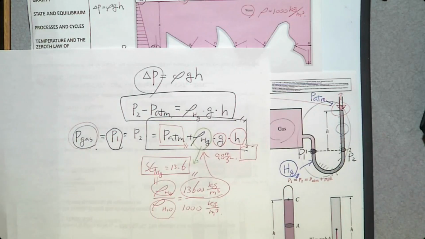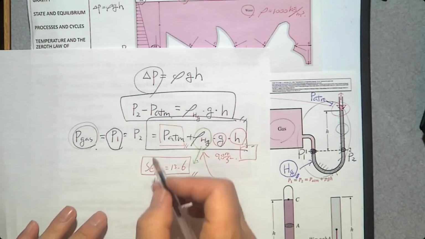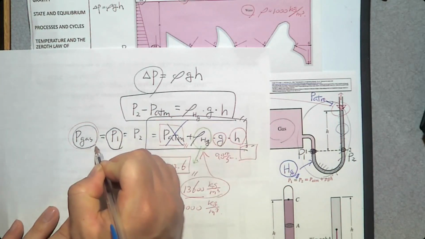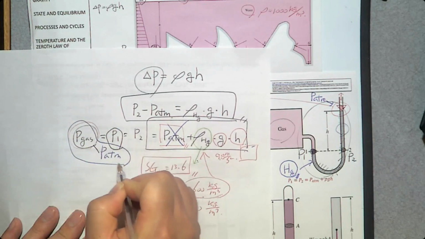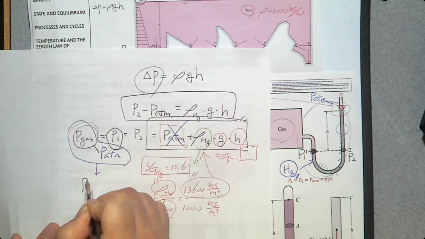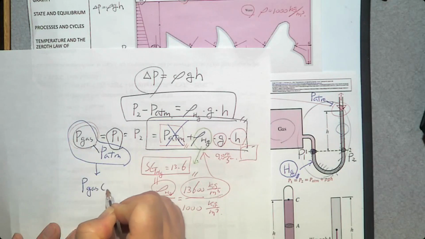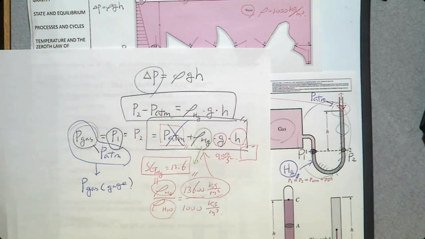But in reality, you cannot know the atmospheric pressure by this manometer. Then you can subtract P atm from here. This one minus P atm. What is it? Absolute pressure minus P atm. It's going to be P gas, gauge pressure.